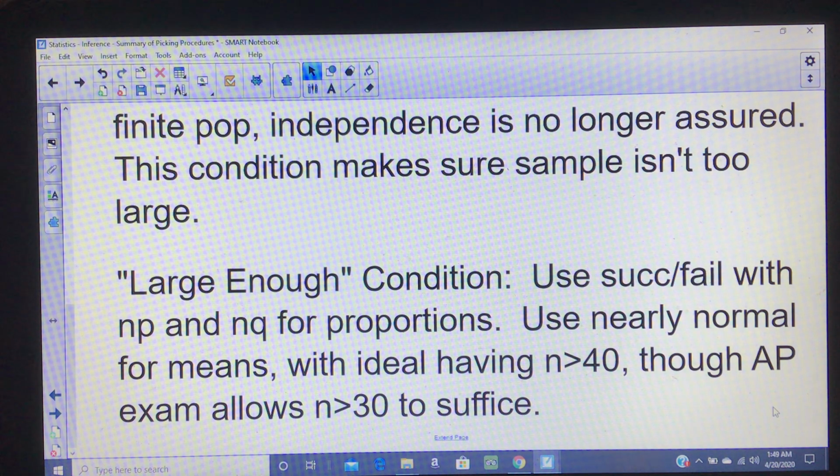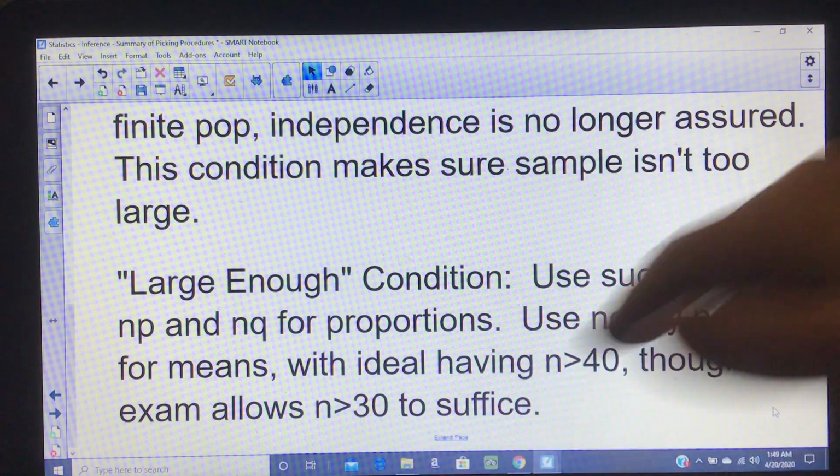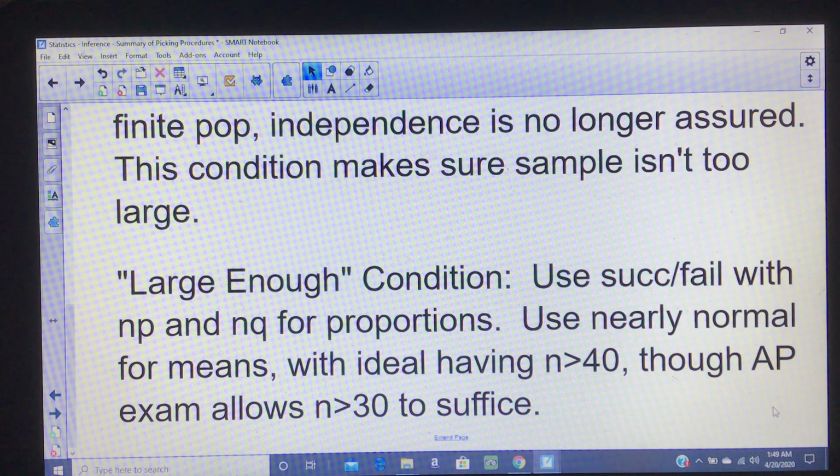Now, I don't know why it's different from the industry standard, or if maybe there's a disagreement about when this basically kicks in. But the purpose of having a large enough sample size is so the central limit theorem kicks in. The central limit theorem makes a roughly normally distributed sampling distribution, which is required to do all this inference, all right? So make sure that your samples are large enough.